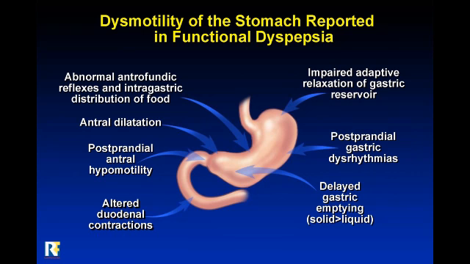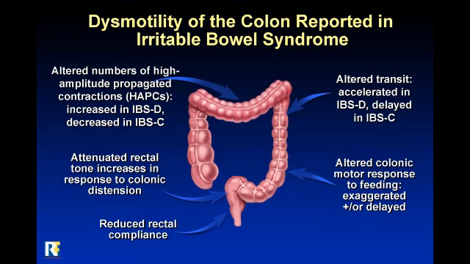Also, there's evidence of dysmotility in the small bowel and the colon in irritable bowel syndrome. So, for example, IBS with diarrhea patients will have more exaggerated motility, and in IBS with constipation, they have fewer of these high amplitude contractions.